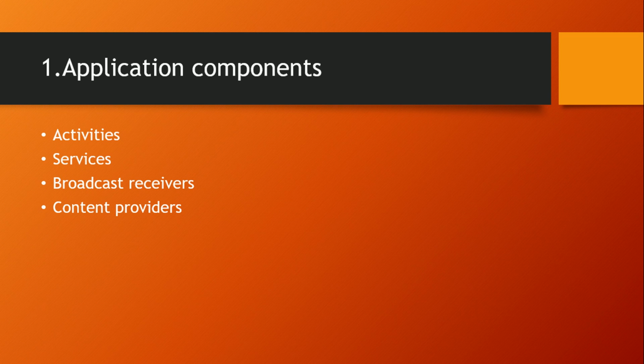Each of these components serves a specific purpose and has a distinct life cycle that defines how the component is created and destroyed. Now we are going to go through these components.